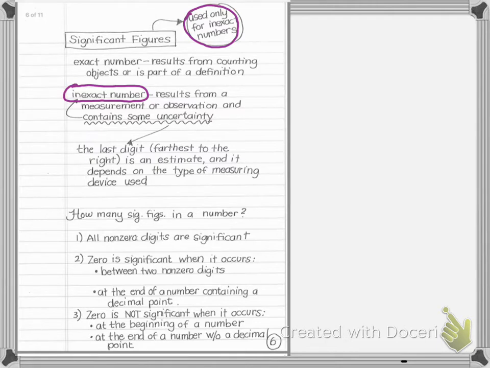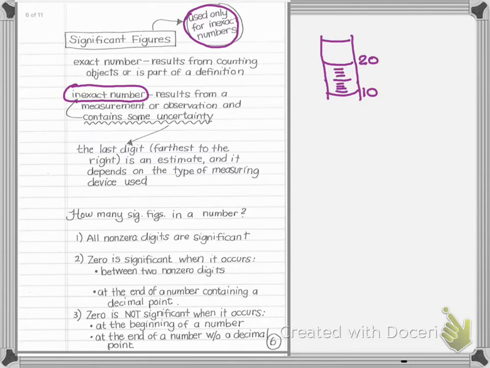So, for example, if I had an instrument with markings on it, and I'm just looking at a piece, and this line was a 10, and this line was a 20, and then I had little hash marks in between.